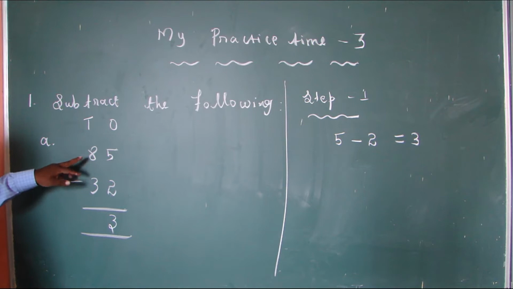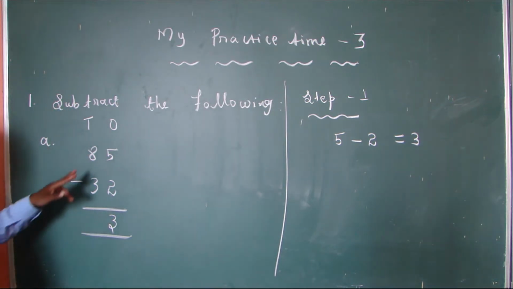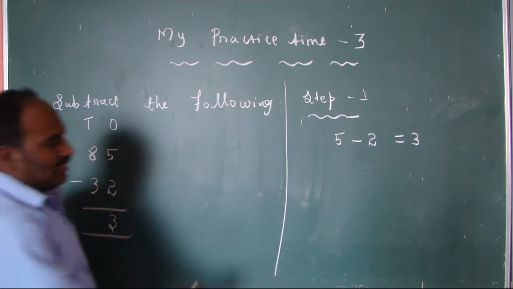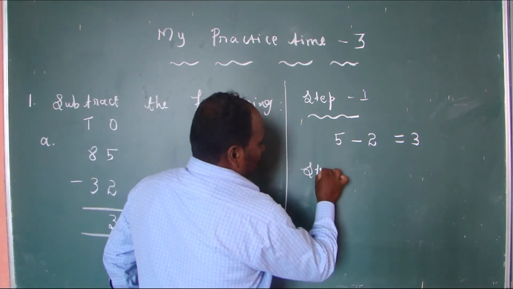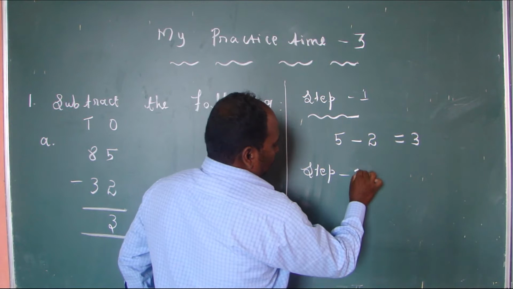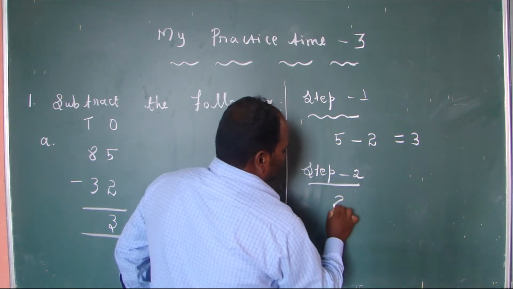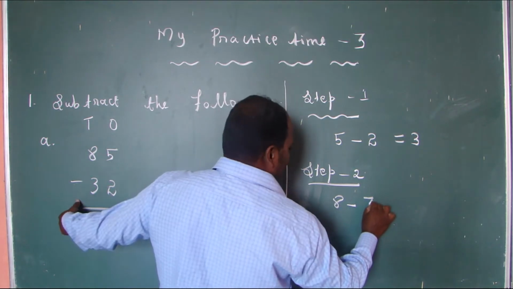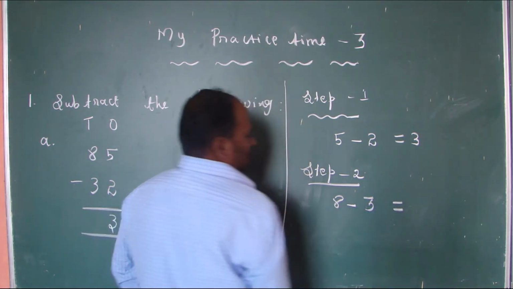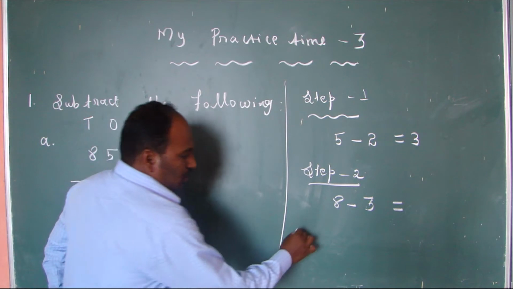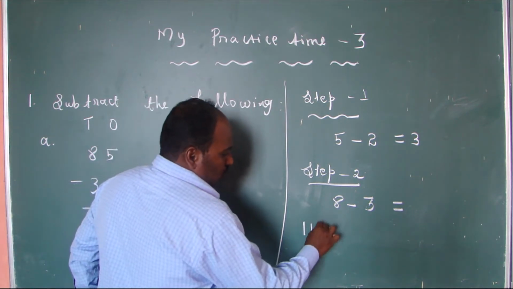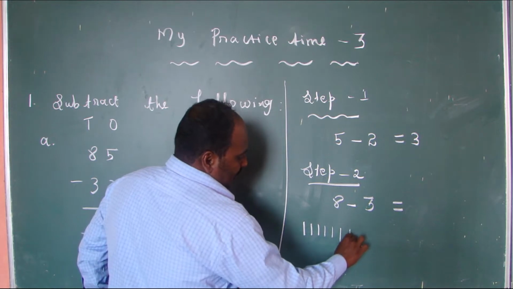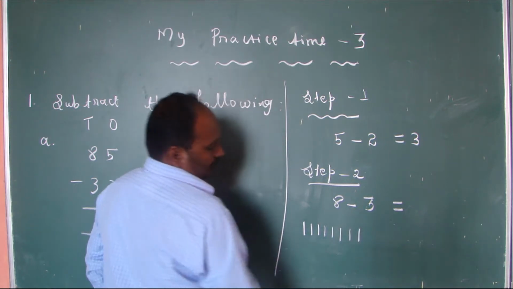Next, we go to the tens place: 8 minus 3. Step 2. 8 tens and 3 tens. 8 minus 3. Listen here. 1, 2, 3, 4, 5, 6, 7, 8.